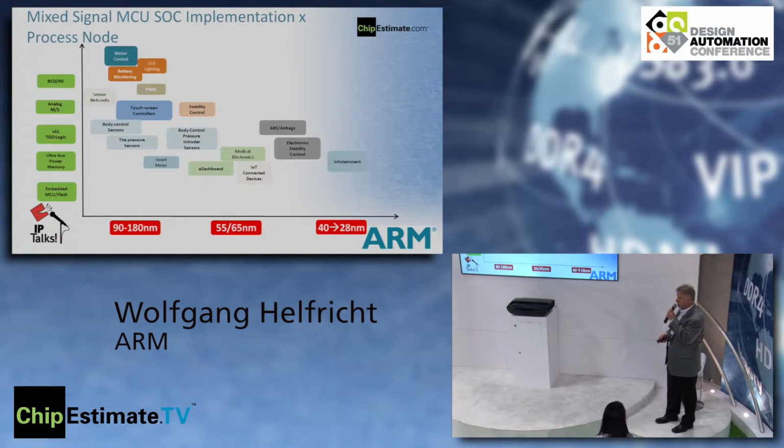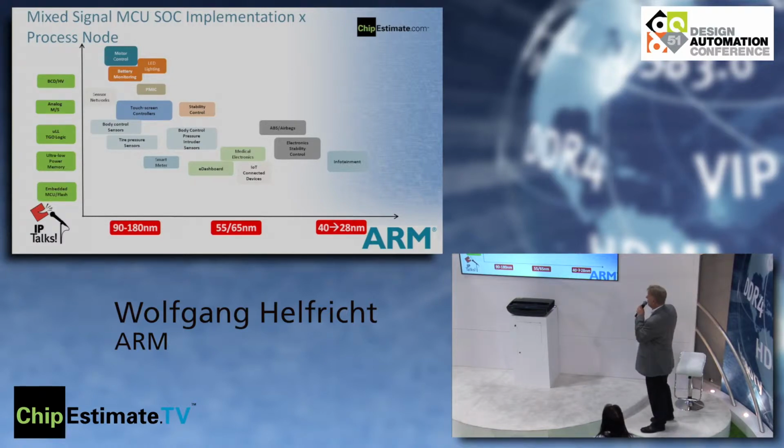A slightly different picture shows you on the x-axis the process progression, and on the y-axis you see different special features from the process. Starting from the top, you have high voltage BCD applications, so directly motor control, battery monitoring, lighting.